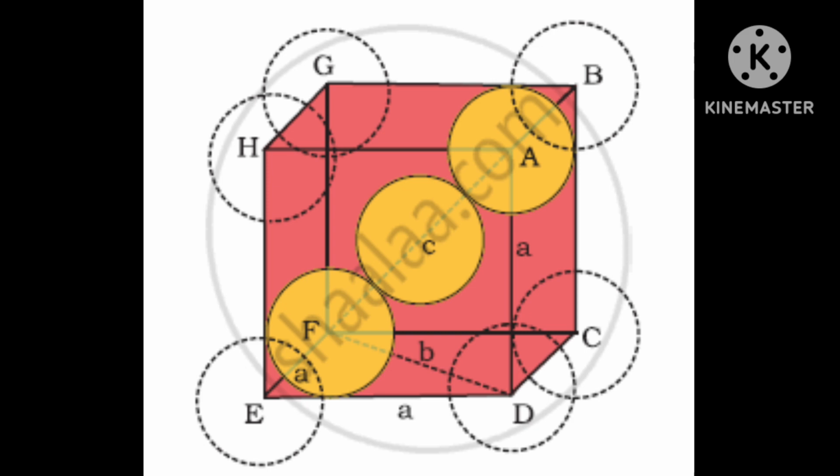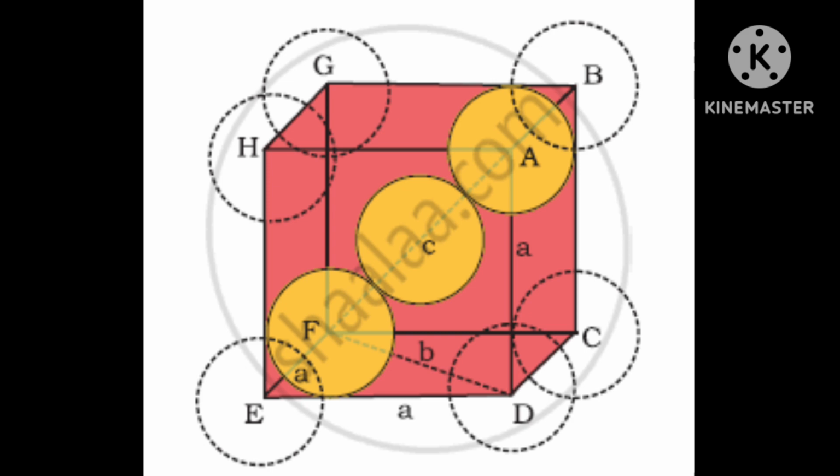Now, like last class, here again you can get the value of a and r. Because under root 3 a is equal to 4r, a is equal to 4r divided by root 3. That is the value of a in terms of r. From the same equation you can get r also: r is equal to under root 3 a divided by 4, in terms of a.